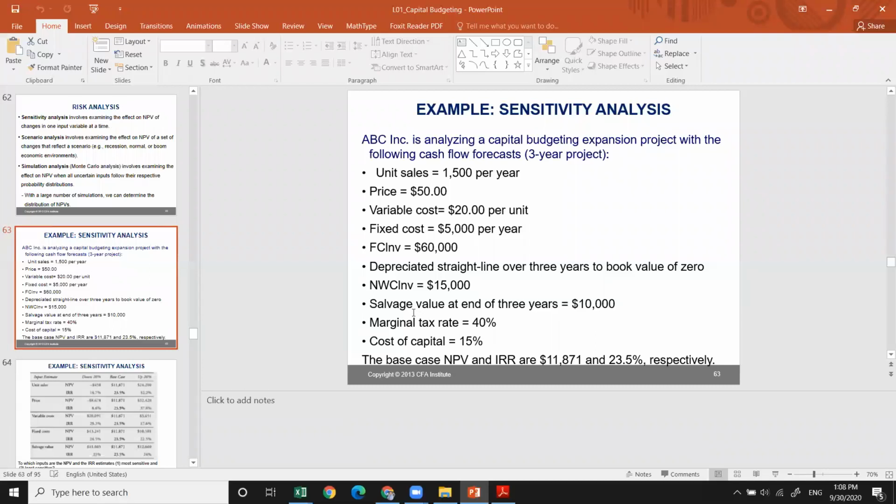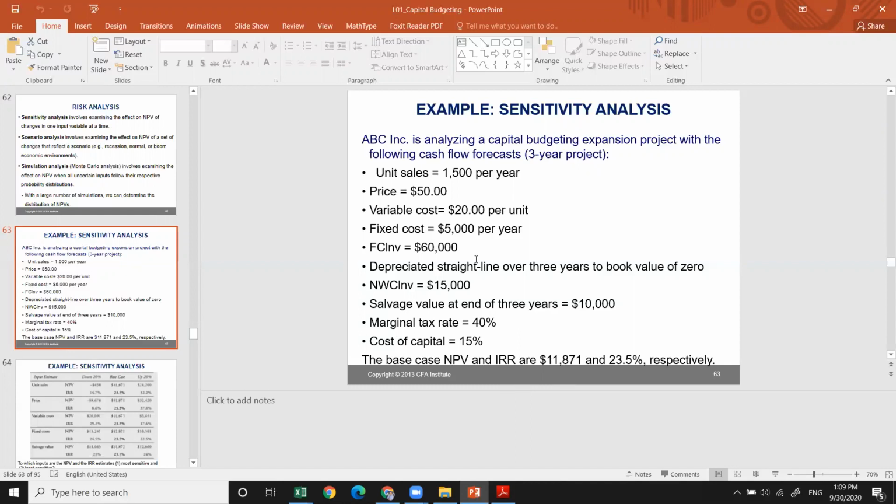At the end of the termination date, there is a salvage value of certain equipment, which is 10,000. The marginal tax rate is 40%. The cost of capital is 15%, and the base case NPV and IRR are 11, and so on.